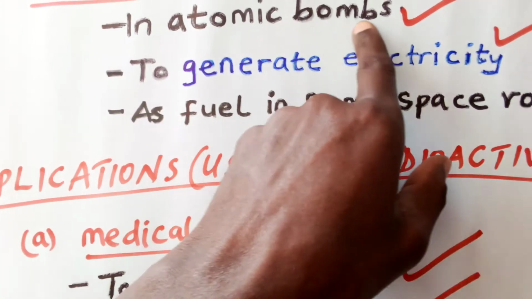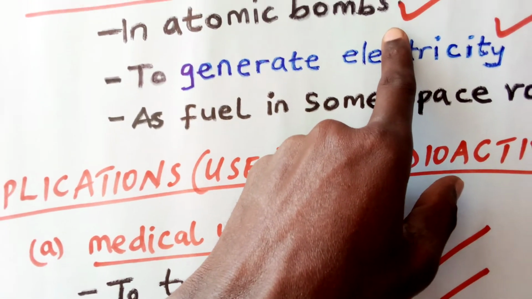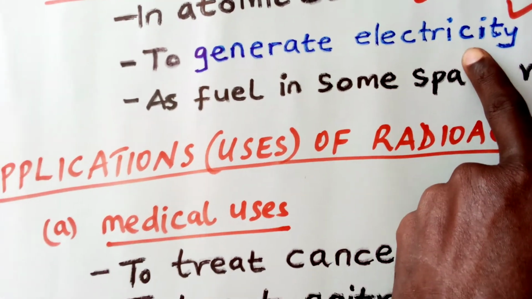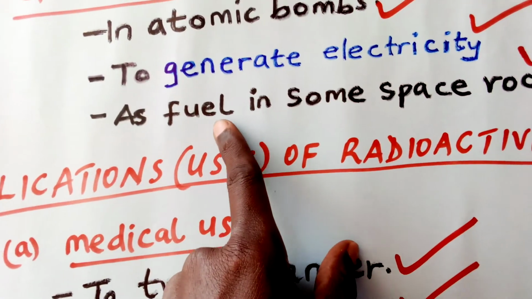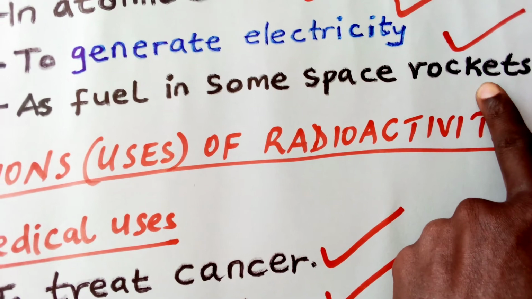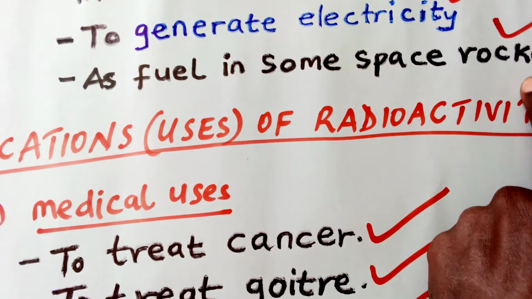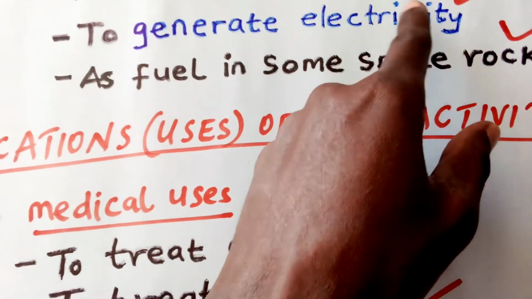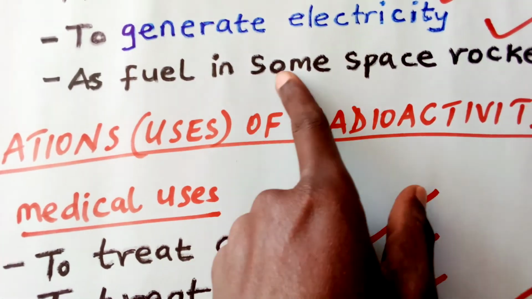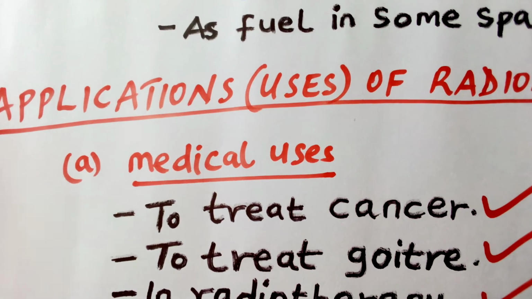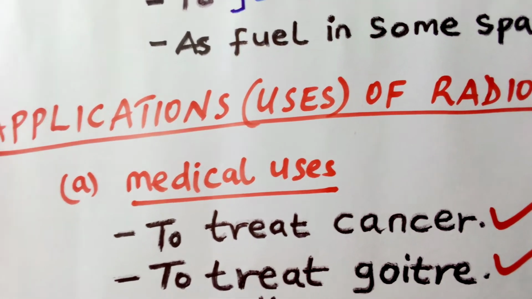We can also use it to generate electricity, and we can also use it as a fuel in some space rockets. So we use that energy in atomic bombs, to generate electricity, and as fuel, especially by some space rockets.